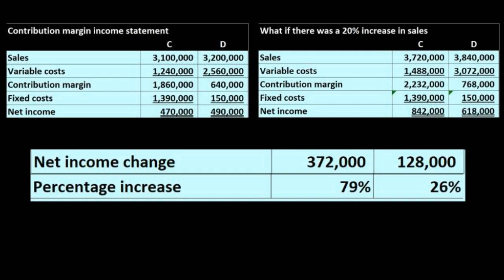For example, if we had the movie theater, or a restaurant, or hotels, let's say hotels, and we increased the amount of occupancy in the hotels, well, if we had a lot of fixed costs, basically the rent of the hotel, it is what it is, whether people are in it or not.